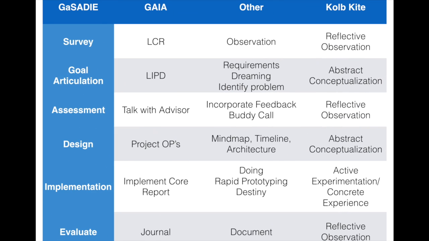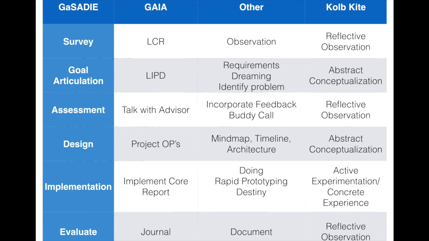We'll look at this last chart. So on the left, hopefully everyone's familiar with Gasedi as it's given to us in the orientation. And the next column is what I entitled Gaia. And I think this is funny because I look at the entire Gaia U phase process as a design methodology where we start with the survey, with the observation, which is like the LCR, the life and career review, like where am I arriving?